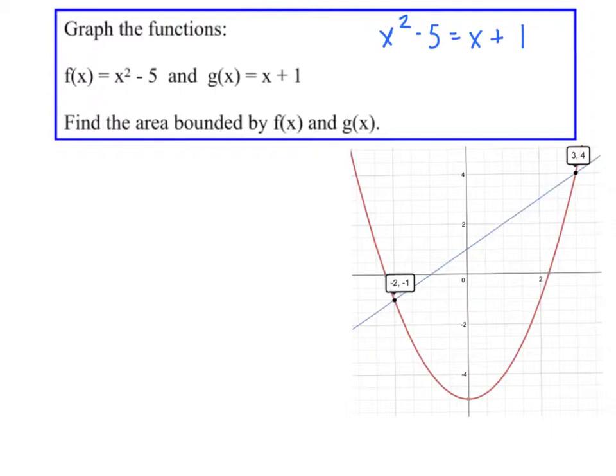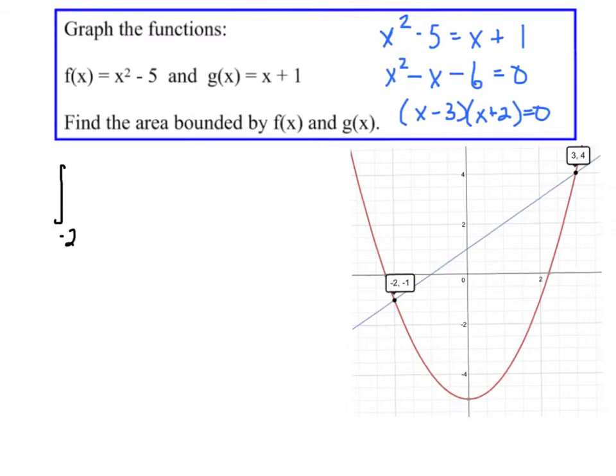So I'm going to subtract the x and the 1, and then it's very easily factorable to x minus 3 and x plus 2. So again, now you can see that these intersection points, we've got -2 and +3. So we wouldn't need the graph to find those.